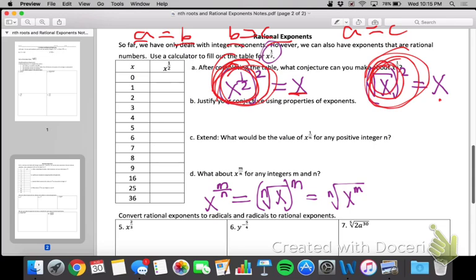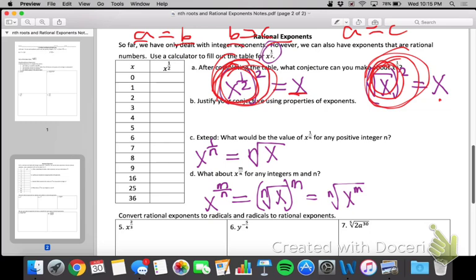And then if we extend that to higher exponents, the denominator of this fraction becomes the index on the radical. So for any x to the 1/n, that's the same as the nth root of x.